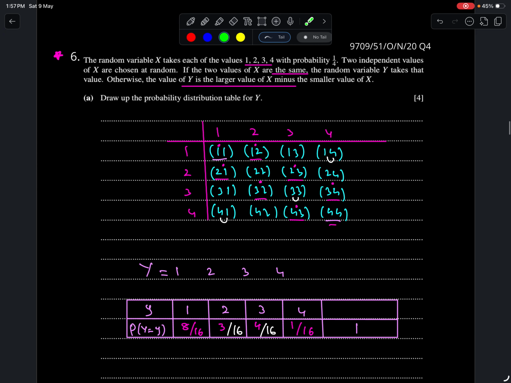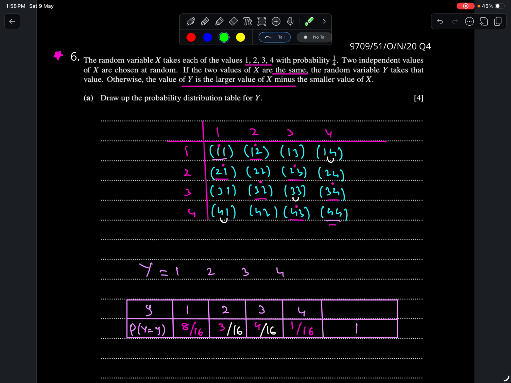If the two values of X are the same, the random variable Y takes that value. Okay, this is done. Otherwise, Y is the larger value of X minus the smaller value. So 2 minus 1 is 1. 3 minus 1, no, this is 1. This is also 1. 4, 3, 1. One number is missing. This is 8 upon 16.